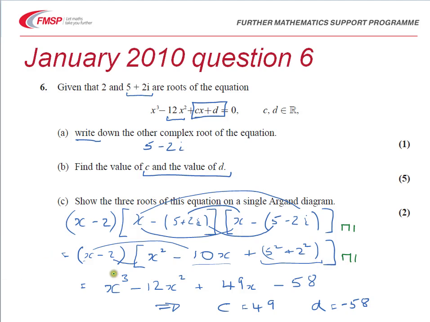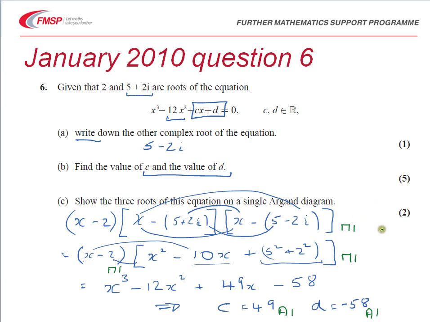The third method mark comes from multiplying by the linear factor once you've done that, and then the final two marks are accuracy marks, A marks, for these two answers here. Note that if you make an error in finding the quadratic here, you're not going to lose the method mark, but obviously you won't be able to gain the final two marks. So if you make an error in this calculation here, then you're going to gain a maximum of 3 marks there.